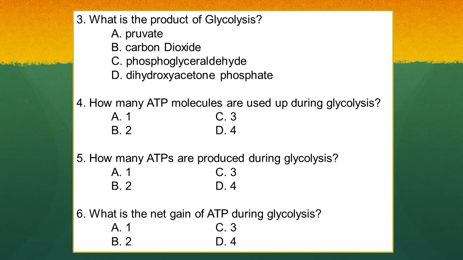Number 5. How many ATPs are produced during glycolysis? A. 1, B. 2, C. 3, D. 4. Number 6. What is the net gain of ATP during glycolysis? A. 1, B. 2, C. 3, D. 4.